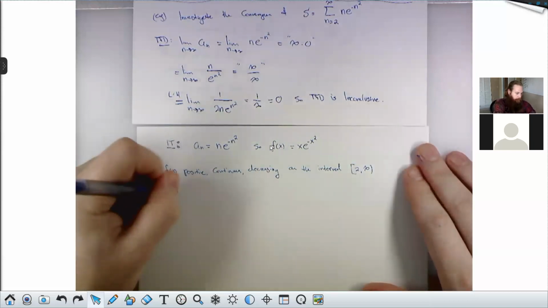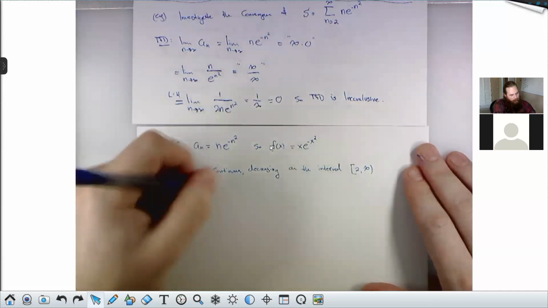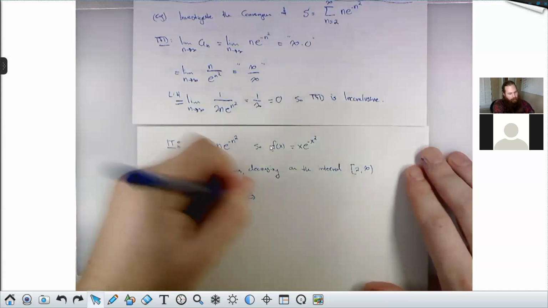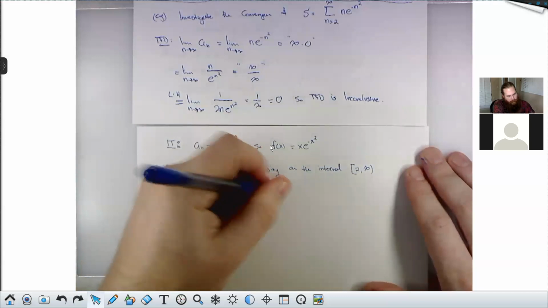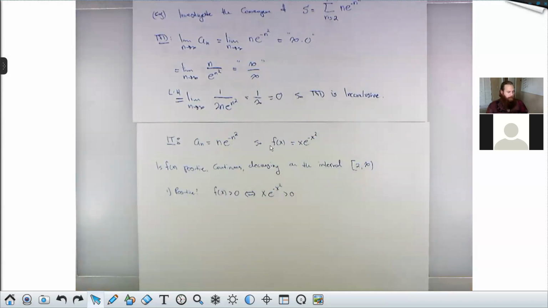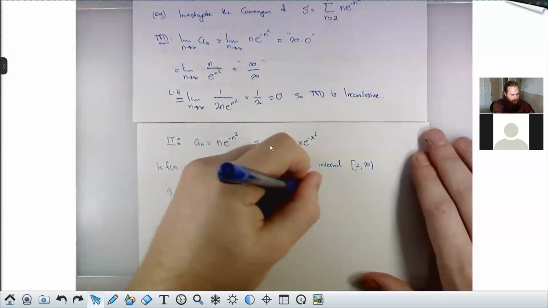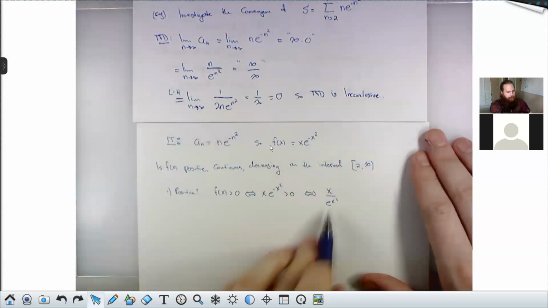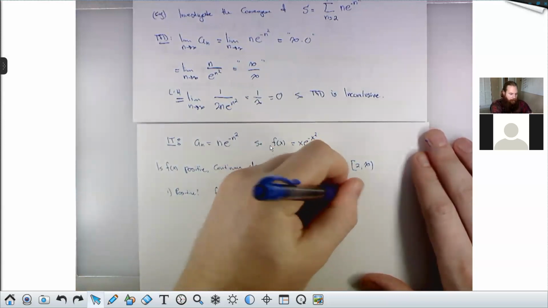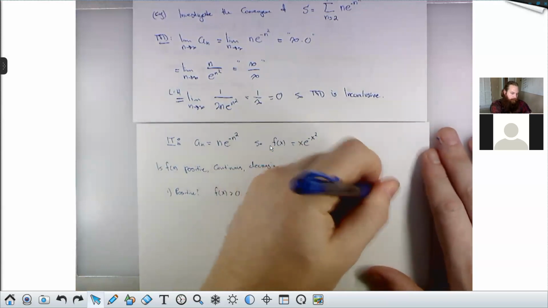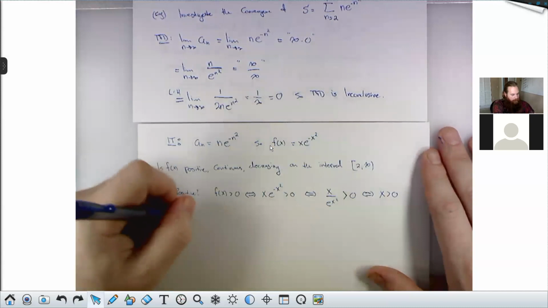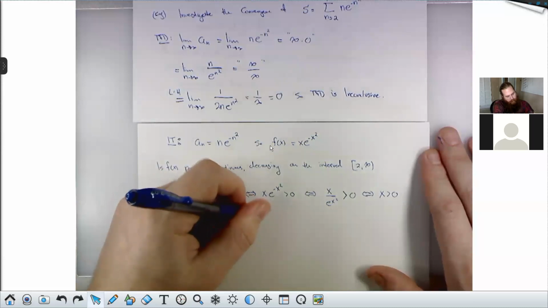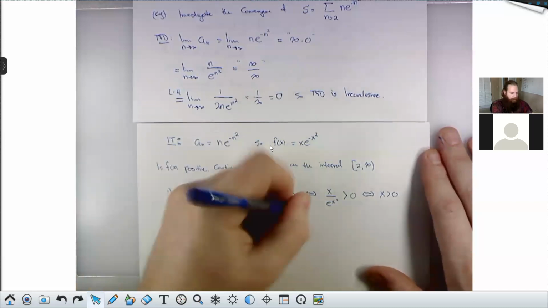Positive? Well, where is f of x greater than 0? f of x is greater than 0 if and only if x times e to the negative x squared is greater than 0. e to the negative x squared is the same as x over e to the x squared. e to the x squared is always positive. So this is true if and only if x is greater than 0, because exponentials are always positive.